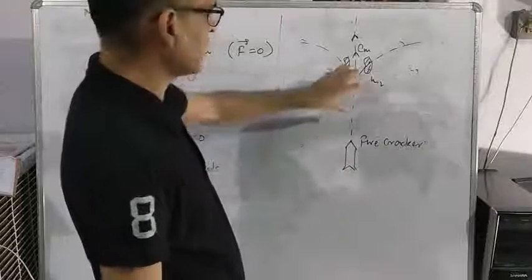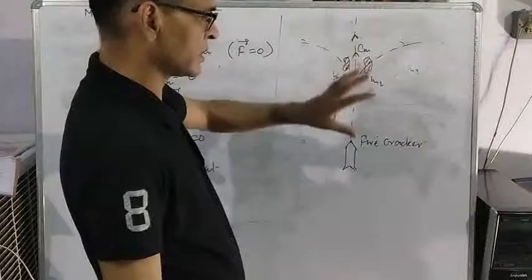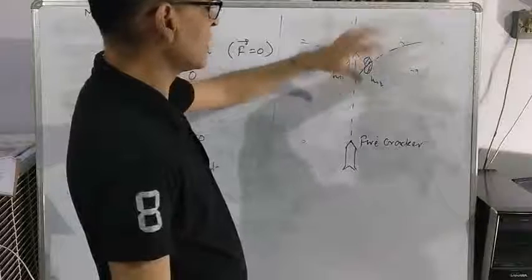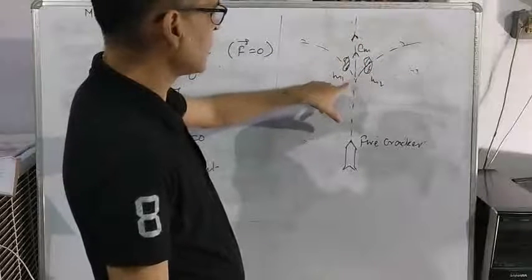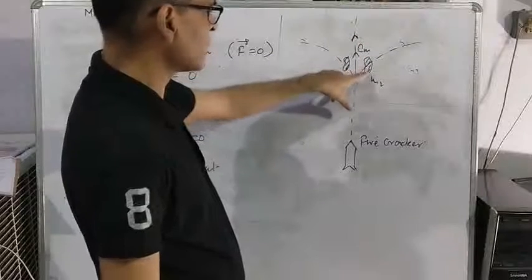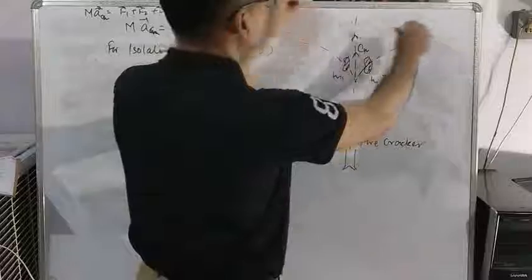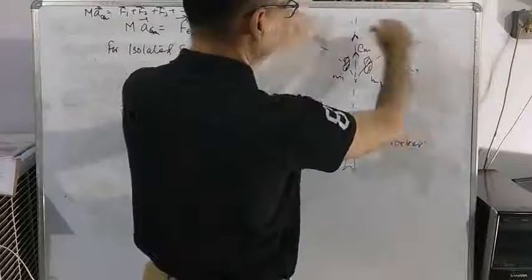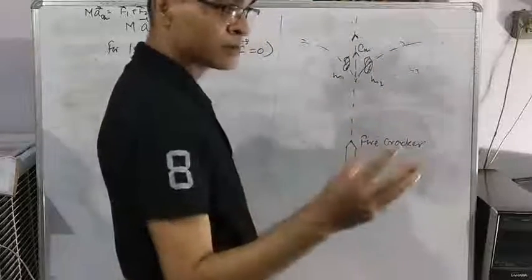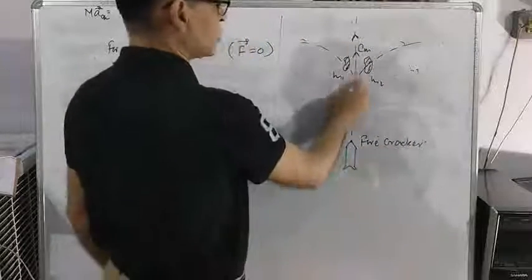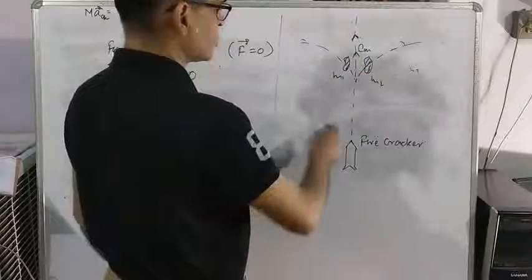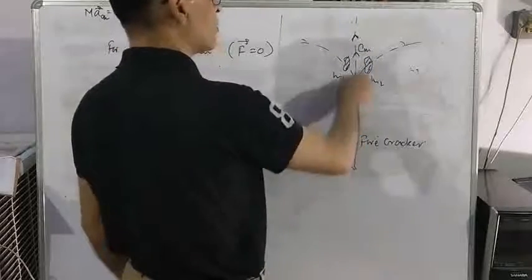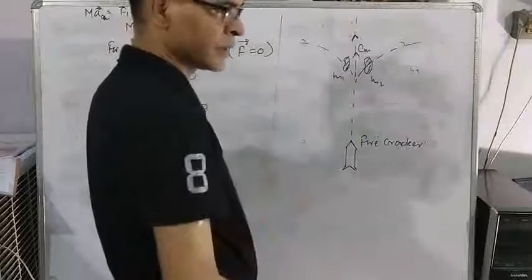But in between, the firecracker blasts into different parts. Here we are showing 2 parts, and both the parts are flying in different directions. But the center of mass will be lying between these 2 particles. So center of mass will keep on moving as such.